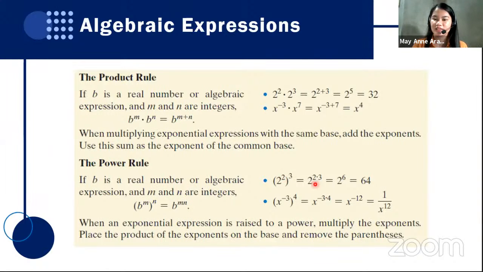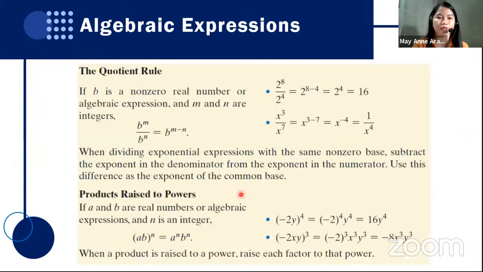So you have 6, and evaluate 2 raised to 6, you have 64. And for the other one, the variables naman, so 4 times negative 3 is negative 12. And since it's still a negative, we can apply the first rule. We can express this as 1 over x raised to 12. Okay, that is for the power rule.